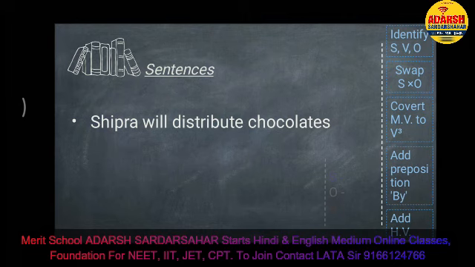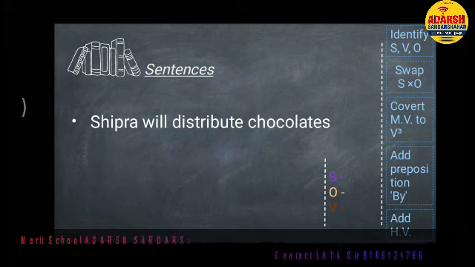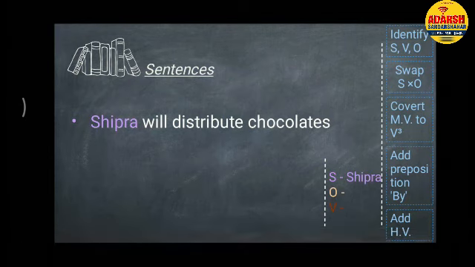Now let us identify subject, verb and our object. So in this sentence, let's go towards the subject. Subject, I told you, is the doer. Here the doer is Shipra. So Shipra is the subject. Now object. What is she distributing? Chocolates.